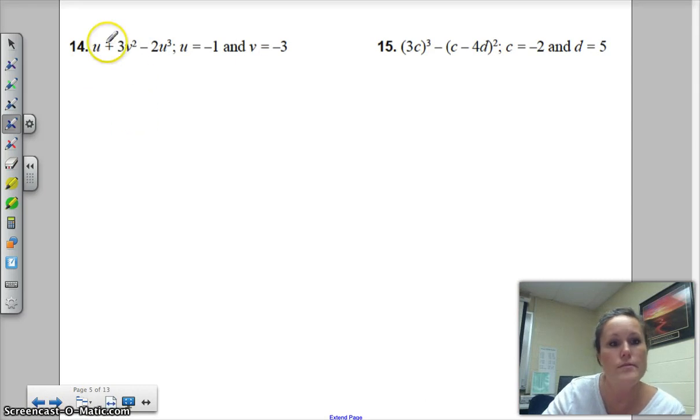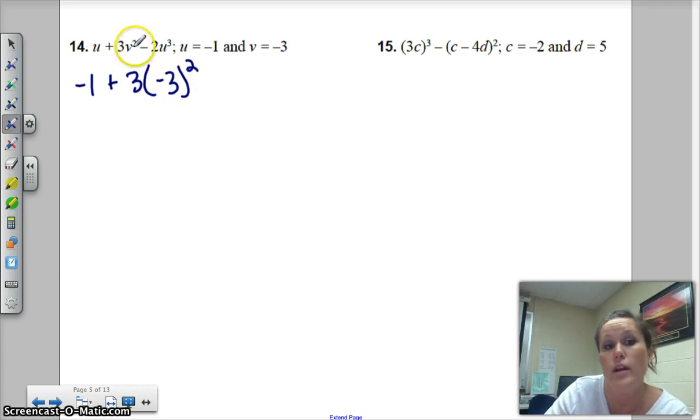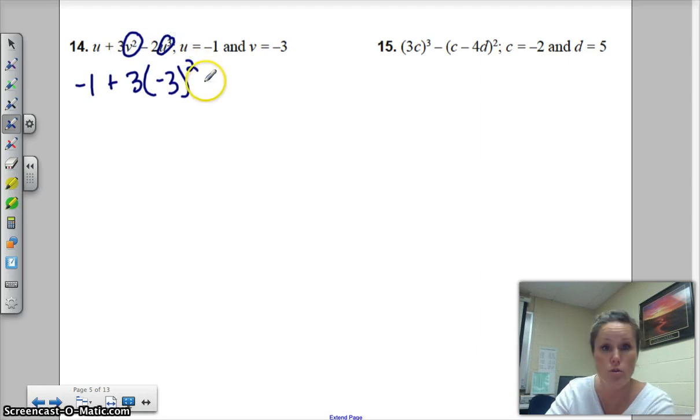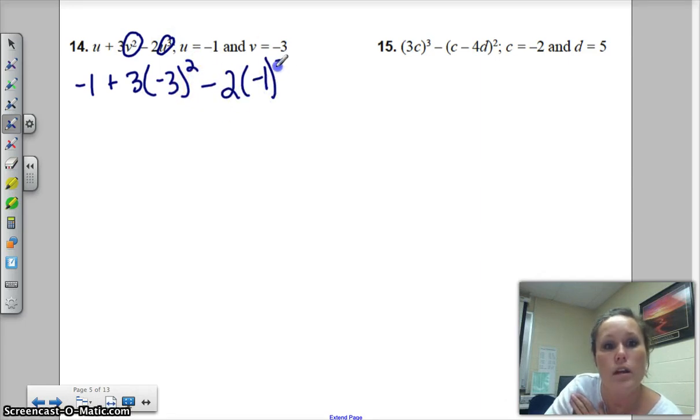Okay, last couple ones. So u is negative 1. So negative 1 plus 3 times negative 3 squared. Again, the squared only goes with the v. Same thing here, the cubed goes with the u. Minus 2 times negative 1 cubed.